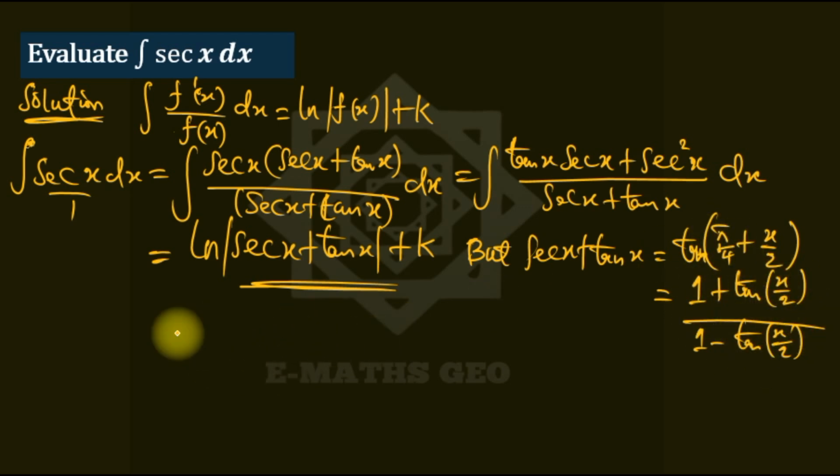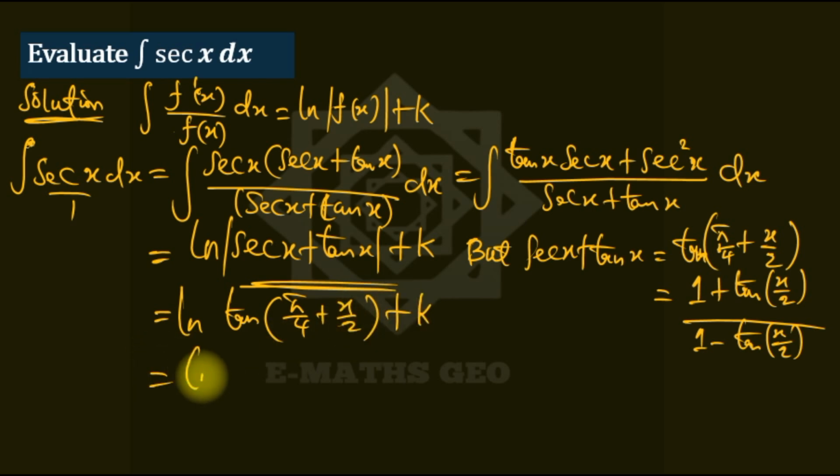So what are we trying to say? I'm trying to say that this has three answers. So it's either ln sec x plus tan x, or it's ln tan of pi over 4 plus x over 2 plus k, or ln of 1 plus tan half x over 1 minus tan half x.